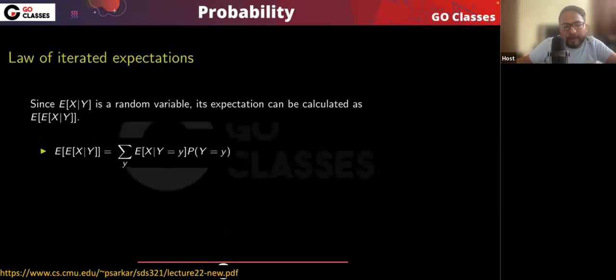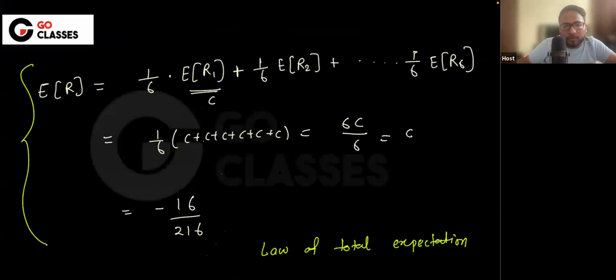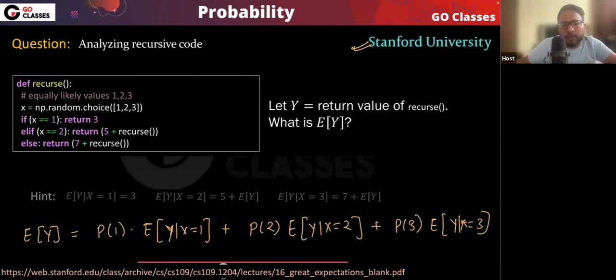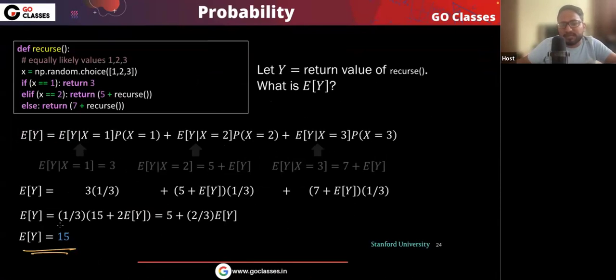Here you might have observed one thing. If you're finding the expectation of any number, suppose y, then this is the probability of x being, say, 1, and then the expected value of y when x is 1, something like this, right?